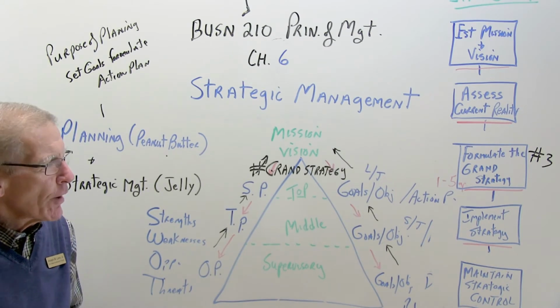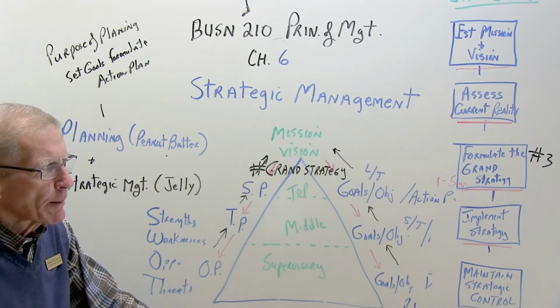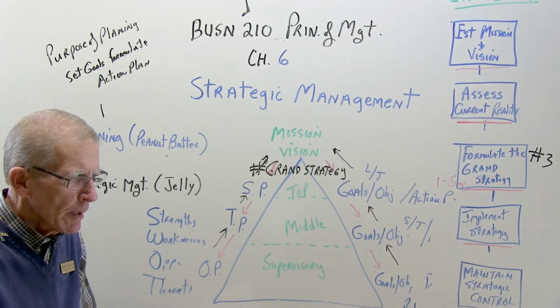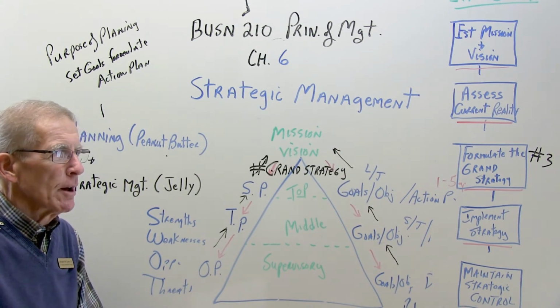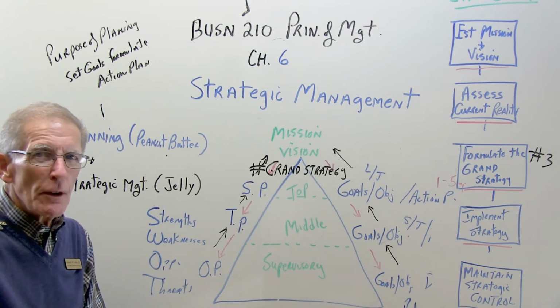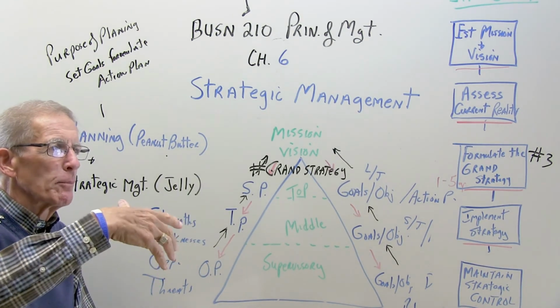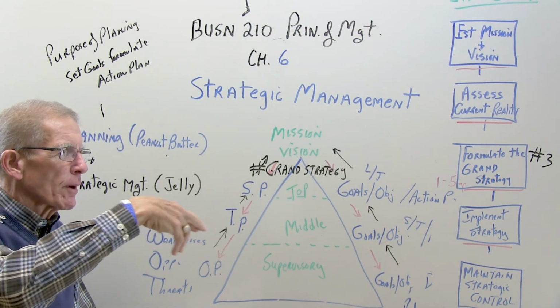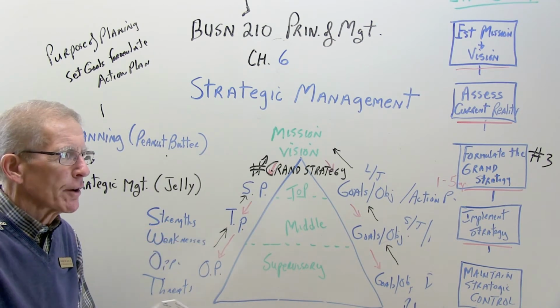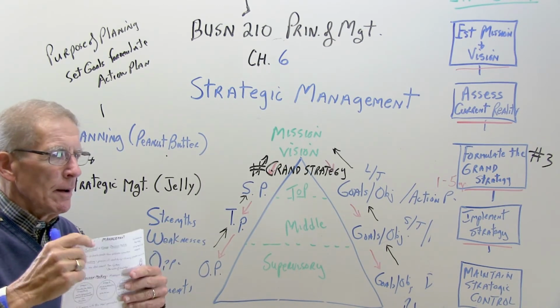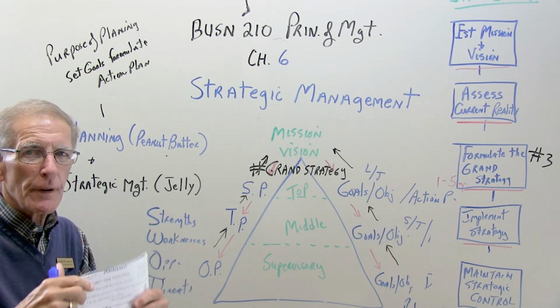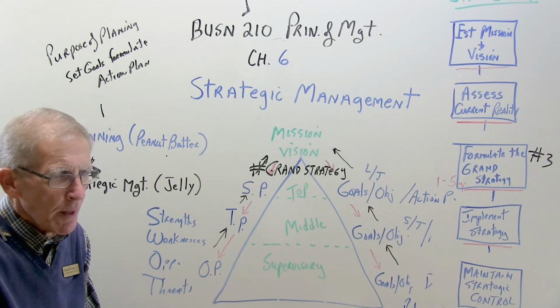Okay, JCPenney, I'll give you an example with them. They're in a defensive strategy, but a couple of years ago, they started selling appliances. They had never sold appliances, but they started selling appliances with the idea of trying to be able to expand some, come out of this defensive strategy. I don't think it's working.